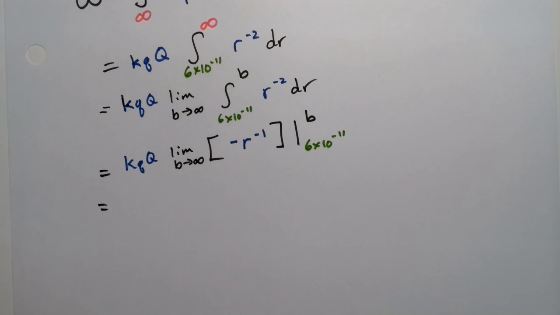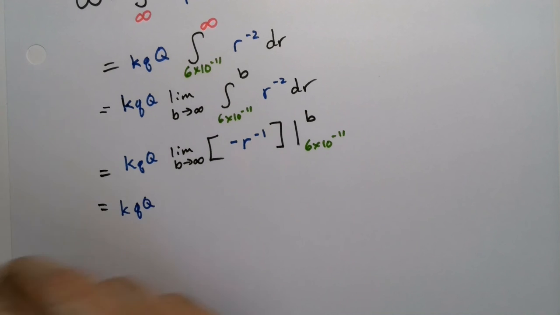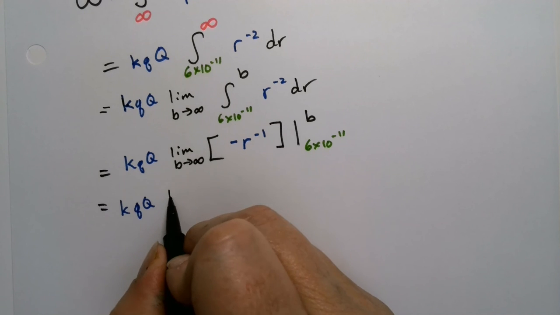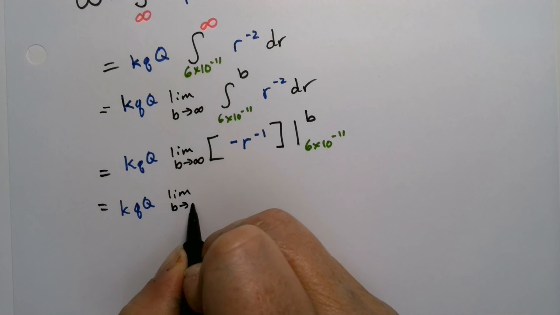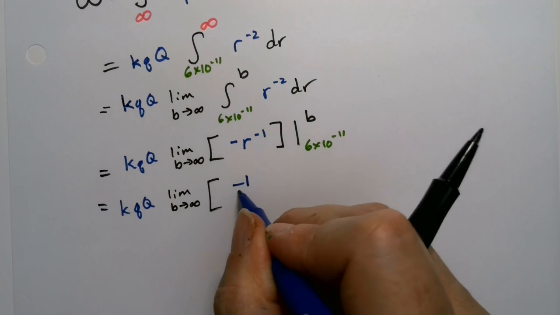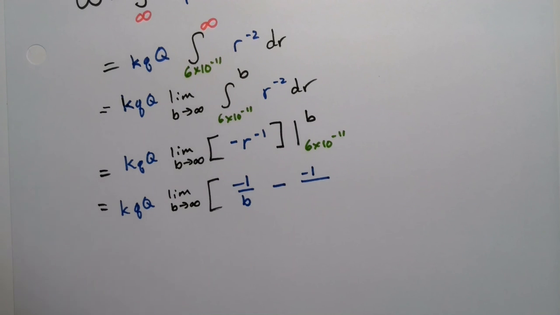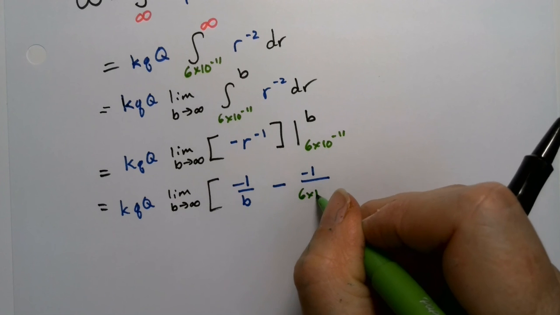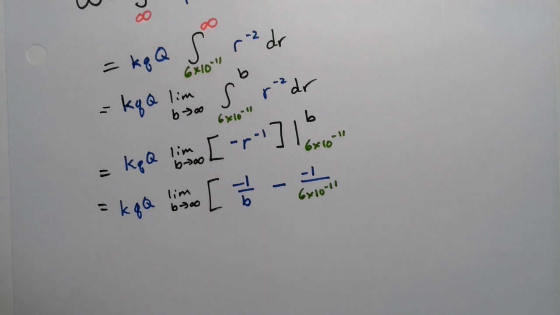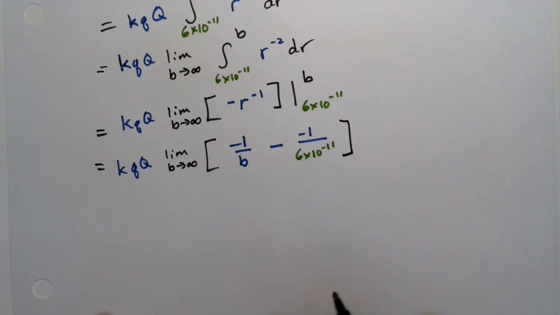All right, so again, KQQ, we will get to them eventually. We'll substitute them in. And then I'm taking the limit as b goes to infinity of negative 1 over b minus negative 1 over 6 times 10 to the negative 11. Okay, so if I put infinity in, let's think about that.